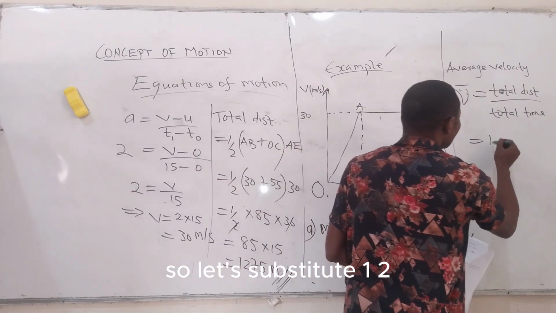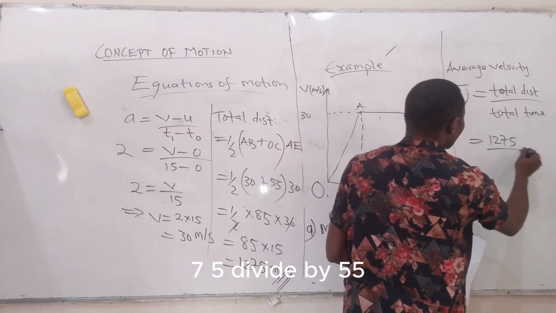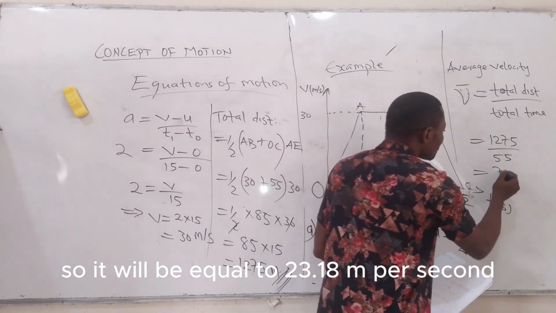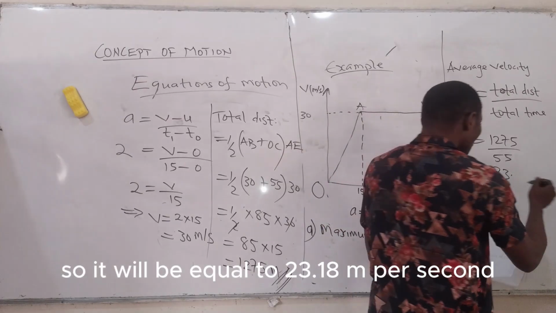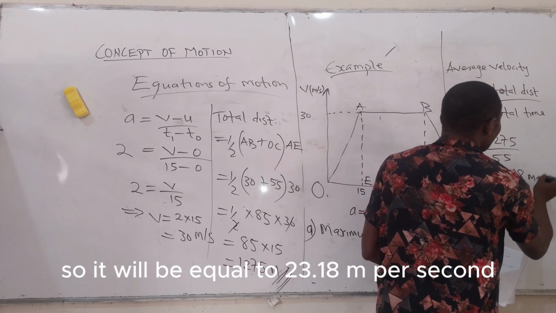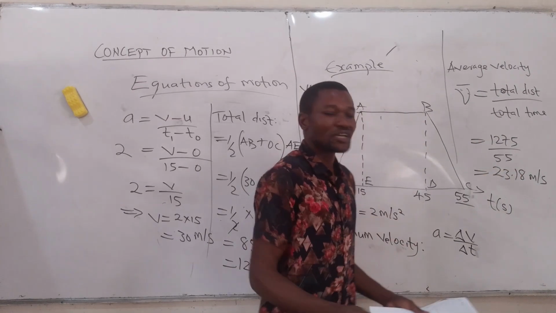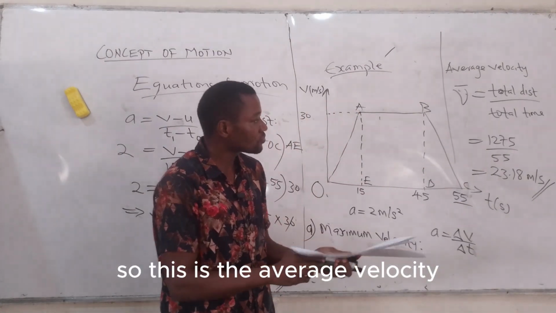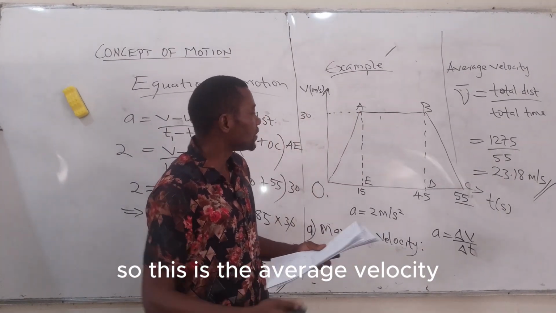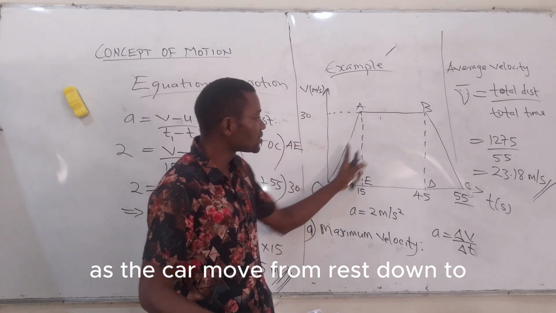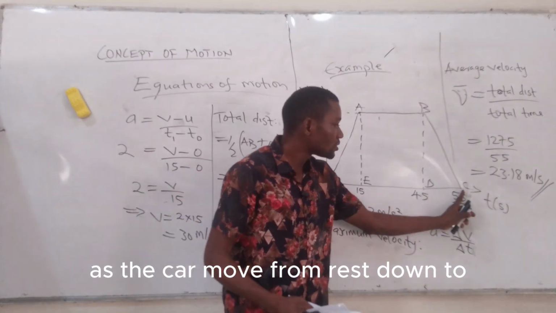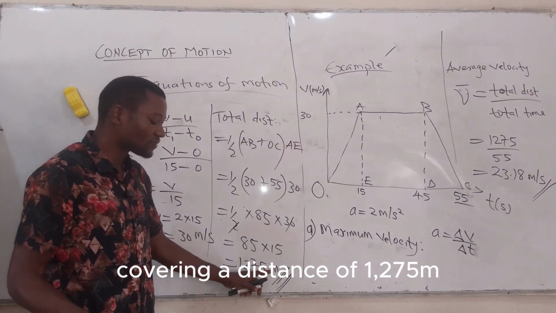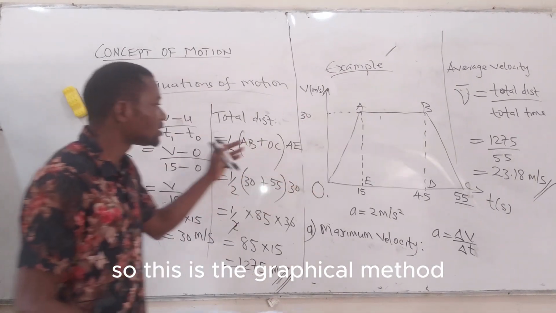So let's substitute: 1275 divided by 55. So it will be equal to 23.18 meters per second. I believe this is what you have in your calculator. So this is the average velocity as the car moves from rest, covering a distance of 1,275 meters.